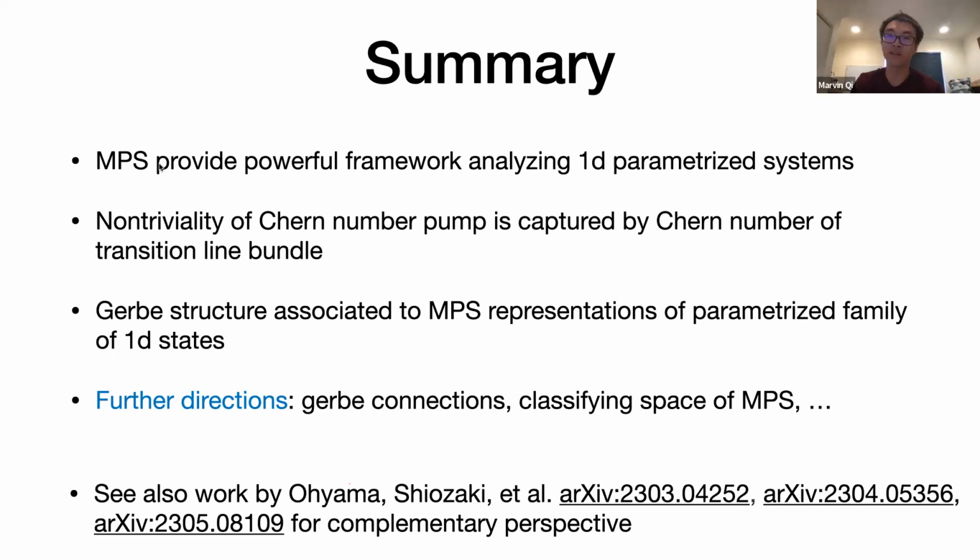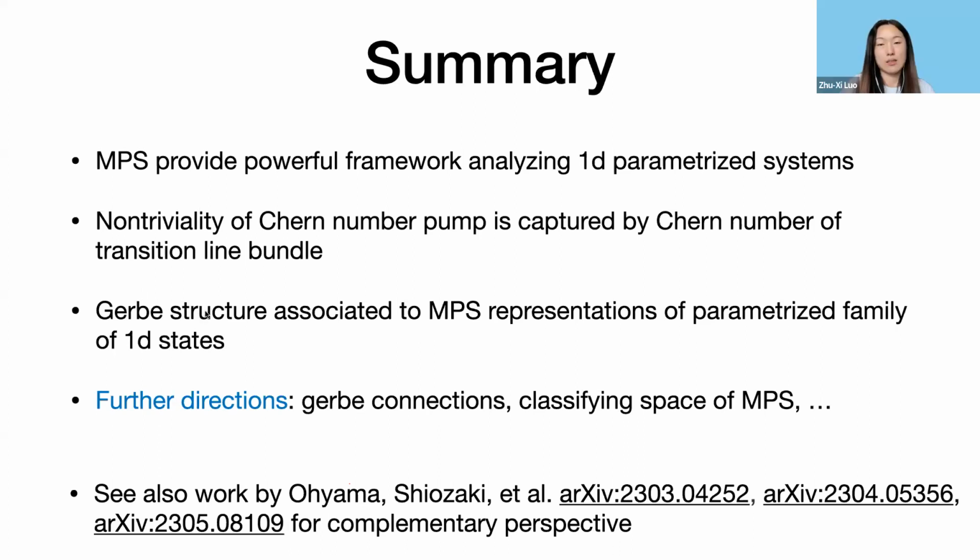Part of what allows us to be rigorous is the fact that there are these structure theorems for matrix product states in one dimension. In higher dimensions, it's difficult. For a specific model, which is the 2D version of this Chern number pump, we can write down the same story. But I think this general higher gerb structure is pretty difficult to extract.